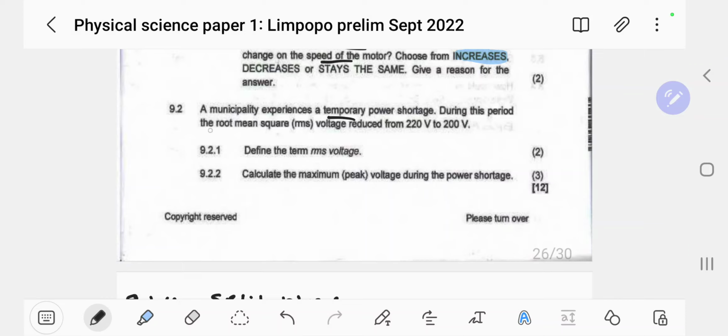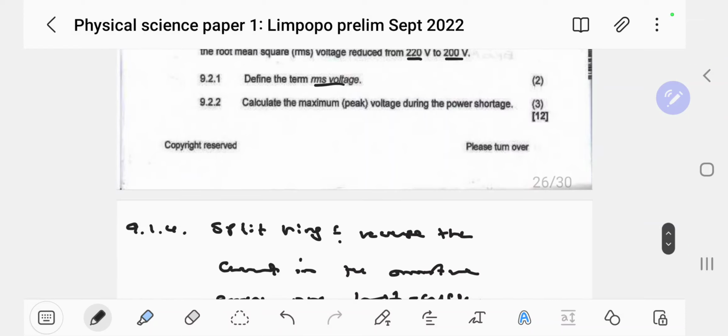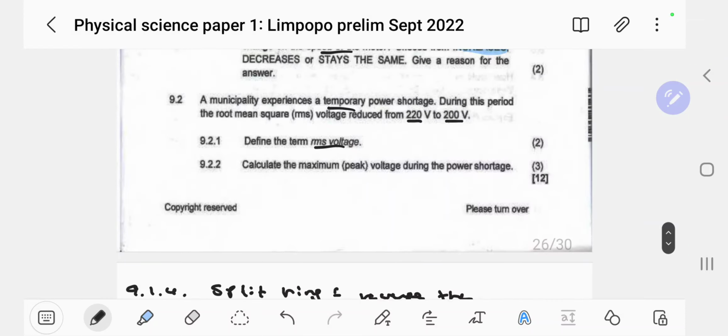During this period, the root mean square voltage, RMS voltage, reduced from 220 volts to 200 volts. Now the question says define the term RMS voltage. I mean, guys, these are easy marks. These are the things you just don't leave behind.